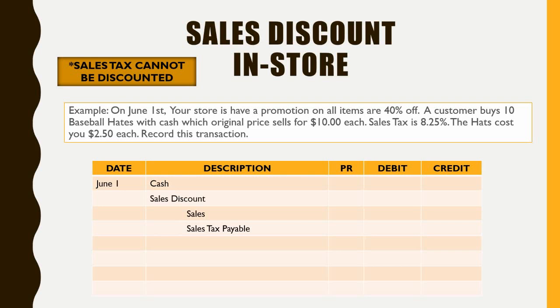So what is my total cash I'm going to be receiving? So $64.95. Correct. My sales discount's going to be? 40. Good. My sales is going to be?